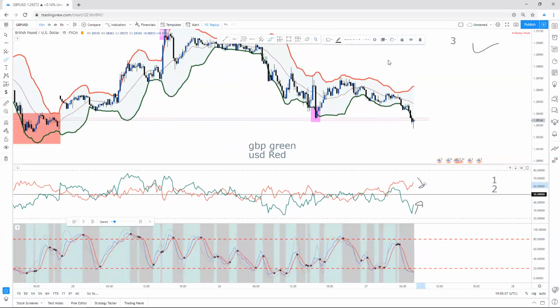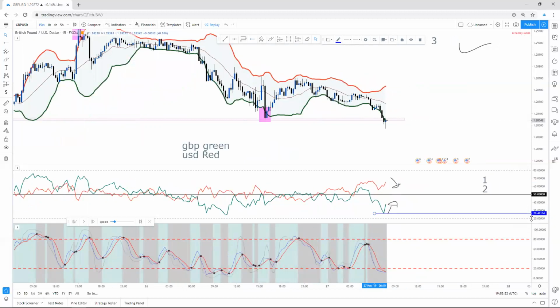And why do we want that? Because when GBP is facing up, is going up, it means that this currency is getting stronger. And how do we know that? If you see the right corner, we have 26.46. Okay, that's 26.46 at this level.